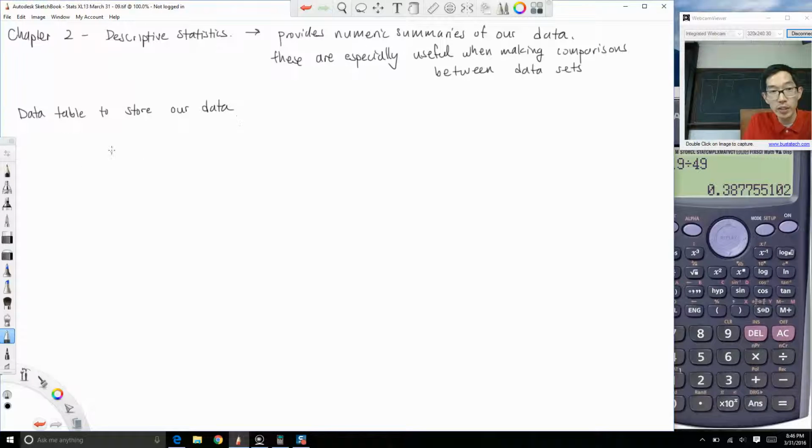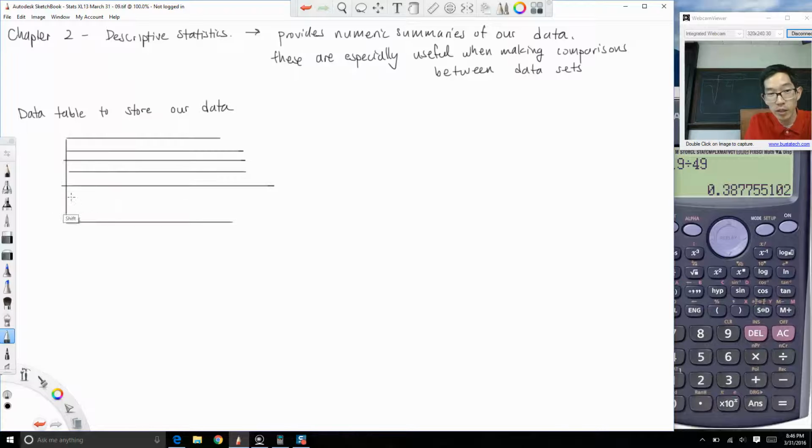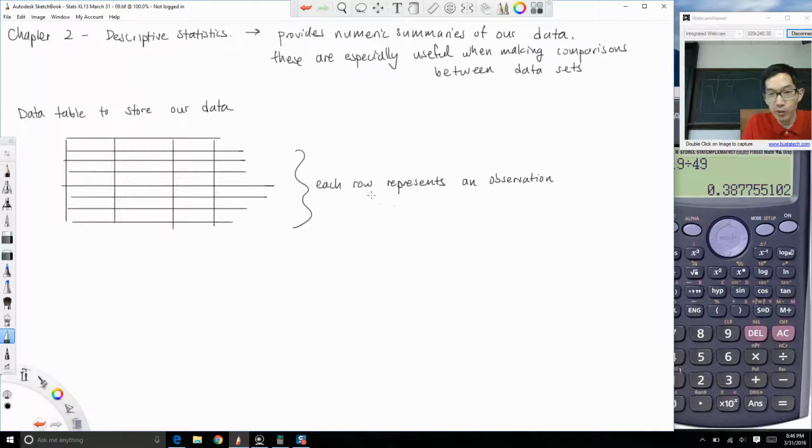The way our data table is structured is that every row, each row, represents an observation, or we might say an observational unit.